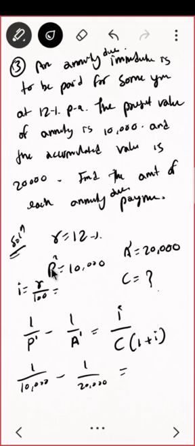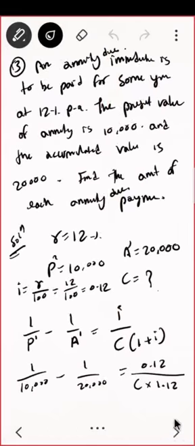Yes, correct. 12 upon 100, so it will be 0.12. So it is 0.12 divided by C, and this will be into 1.12. Correct. How will you solve? Multiply 2 with this, so it will be 2 minus 1. It will be 1 upon 20,000, no?